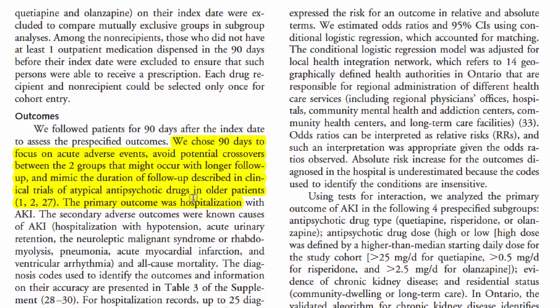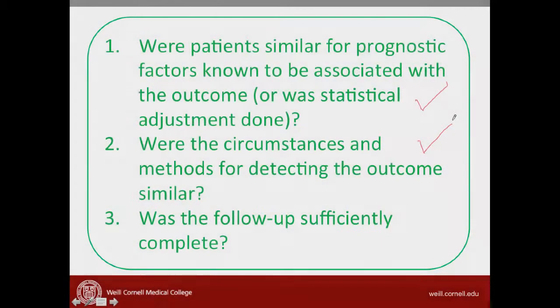I think this is a reasonable follow-up time, but some people might argue that a longer follow-up time is necessary. This brings up the point that has come up over and over again, that validity sometimes has gray areas, and you have to use your judgment. Going back to our checklist, I'm going to give that question a check mark.